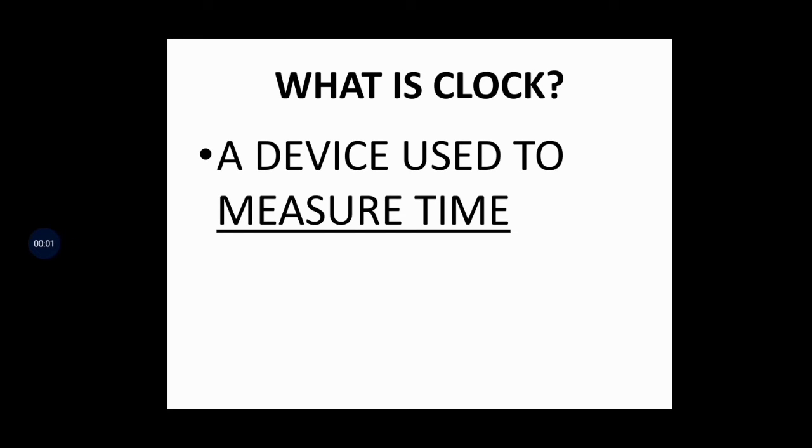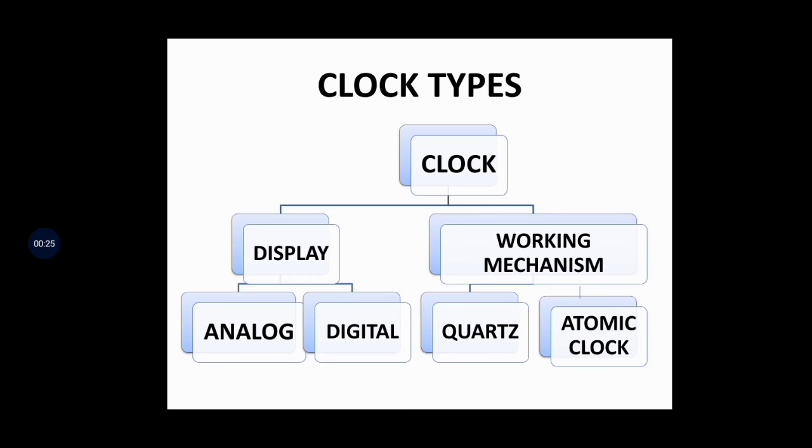Children, you have watched the video for clock. So what is a clock? A clock is a device used to measure time. It can be a wall clock, or we have a wristwatch, and nowadays we have digital clocks. Based on the working mechanism and display, it has been divided into various types. Based on the display it is divided into two types.